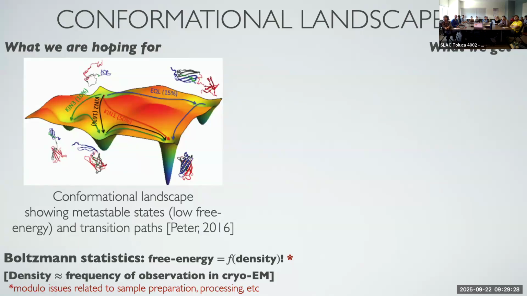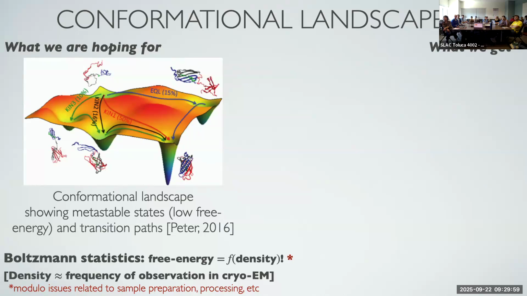And a conformational landscape is not only reconstructing a bunch of volumes, but really showing a map like this that would point to where the metastable states of the system are and how we can transition from one metastable state to the other. And in principle, we should be able to compute all of this because it's really all dictated by the free energy of the system. And the free energy is a function of the density, as in the probability density of observing a particular conformation.